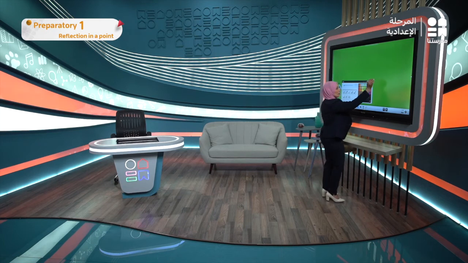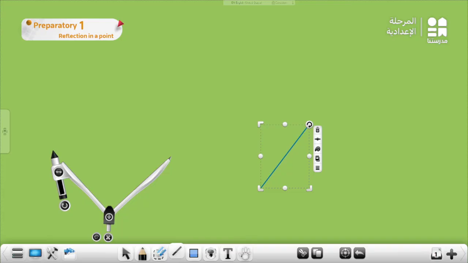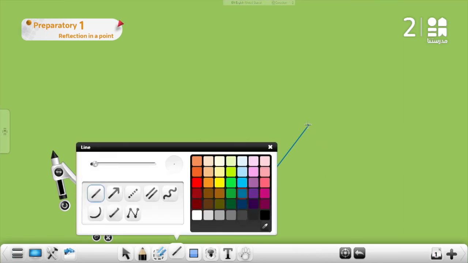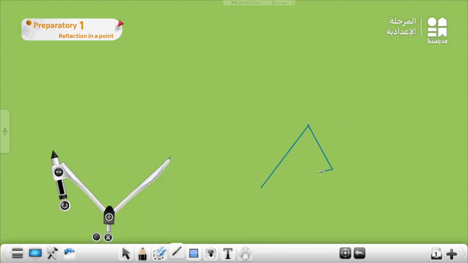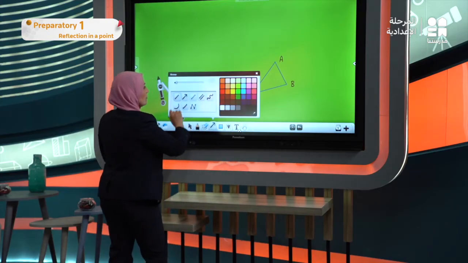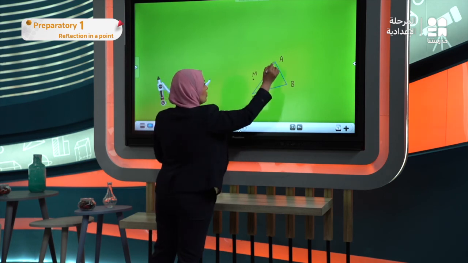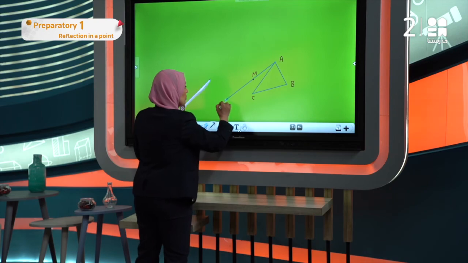If I have this triangle, I have A, B, C, and I need to make reflection over this point, which is M. So this is M. First of all, I need to match between A and M with a ray. So from A to M, and make it bigger.